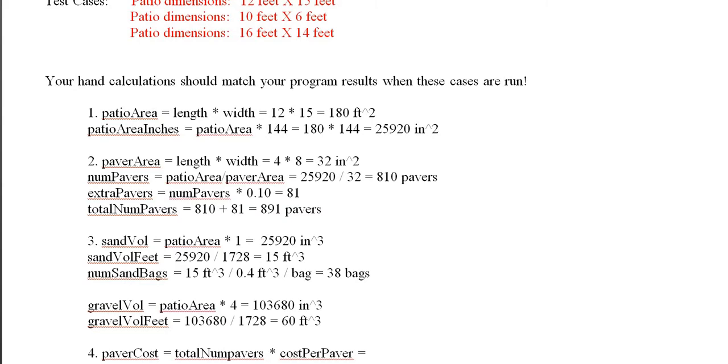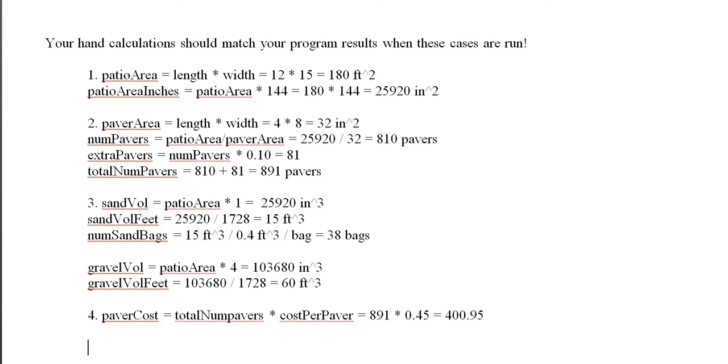Total number of pavers is 891. We already calculated that. And the cost per paver is 45 cents. And that gives us $400.95.